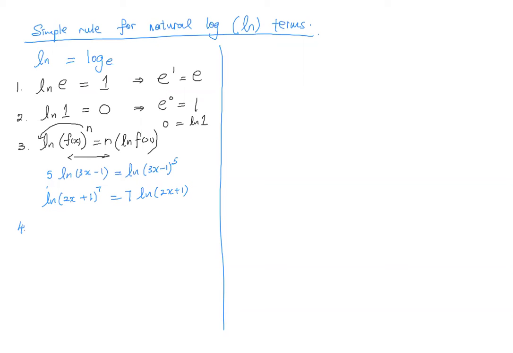The fourth rule will be talking about a product or the quotient. If I have many functions, like for example, I have like that. When we have a division line, it means that is divide, correct? So we can break it into a sum of many ln.